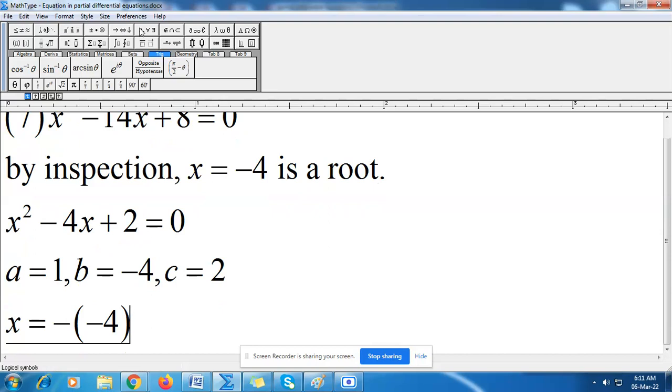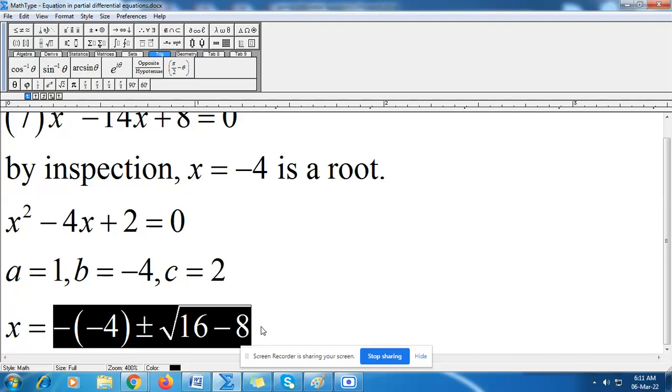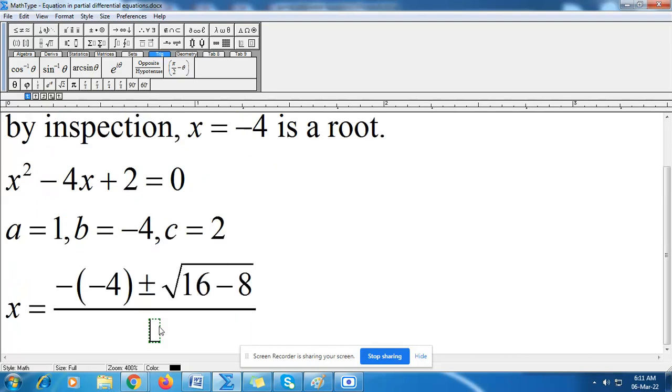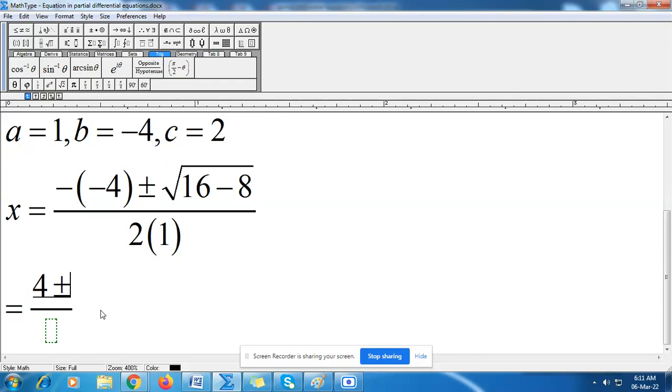Plus or minus root of b square, that is minus 4 whole square, minus 4ac, 4 into 1 into 2, that is 8, whole by 2a. Here a is 1. And then minus of minus 4, plus or minus root of 16 minus 8, root 8, whole by 2.